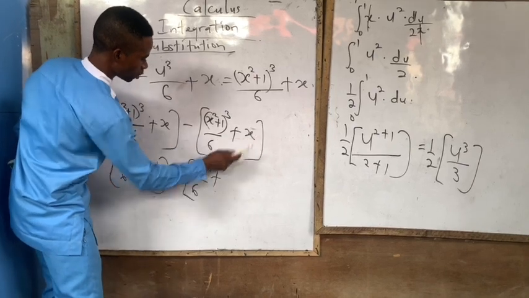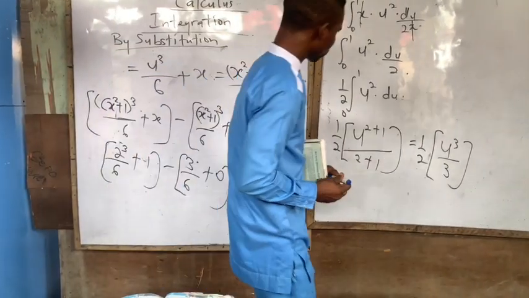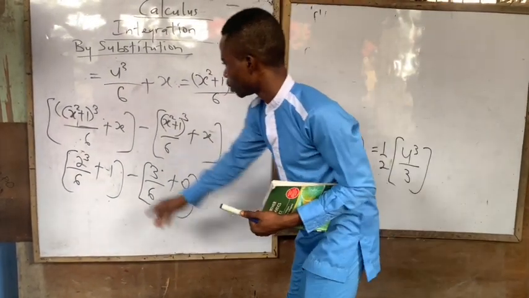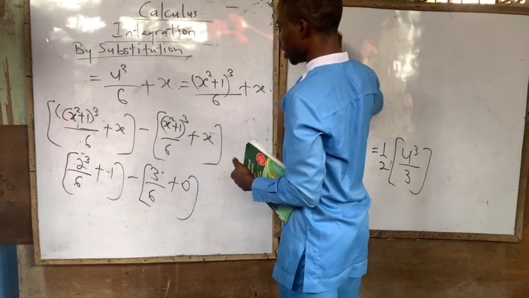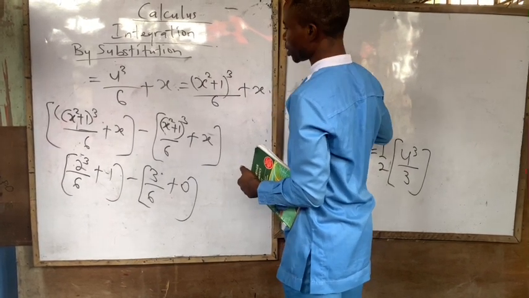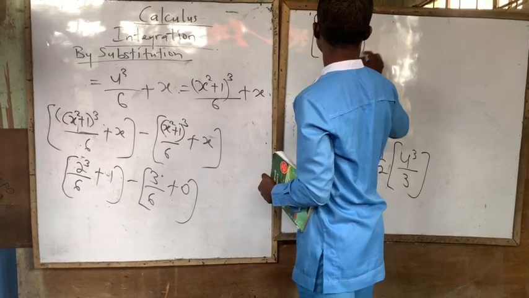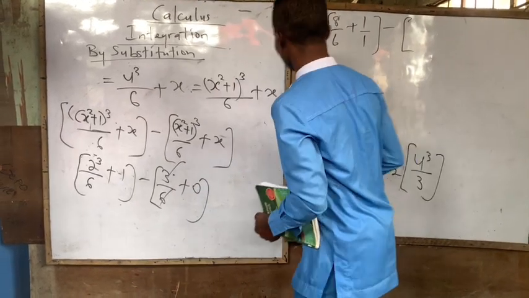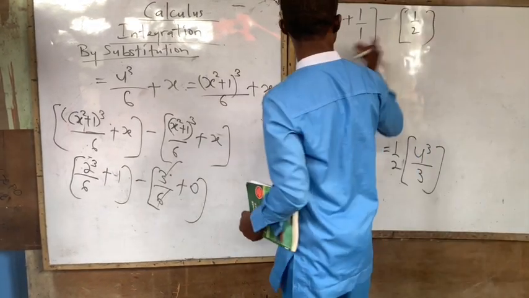So I'm going to have 2 raised to power 3, that is 8, 8 all over 6, minus 1 all over 6.